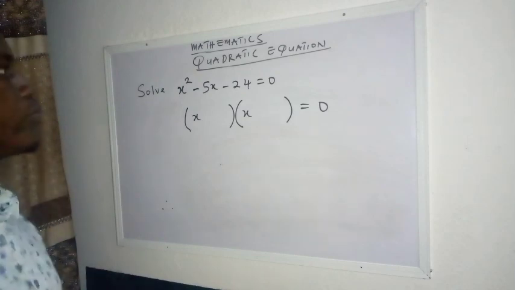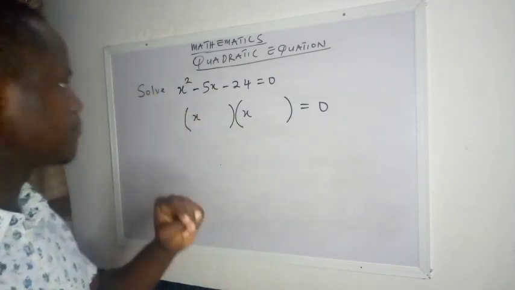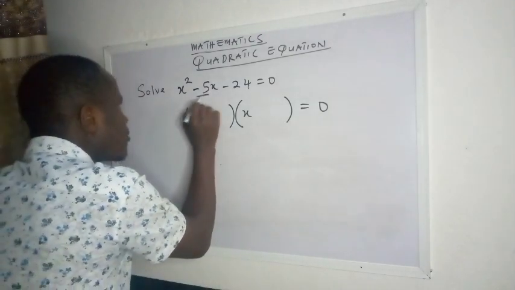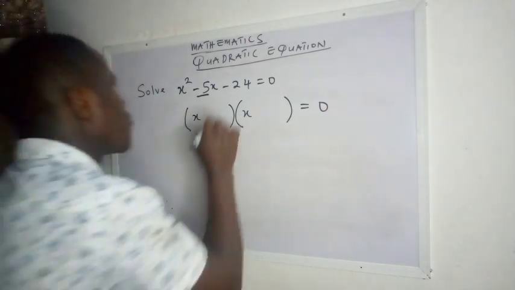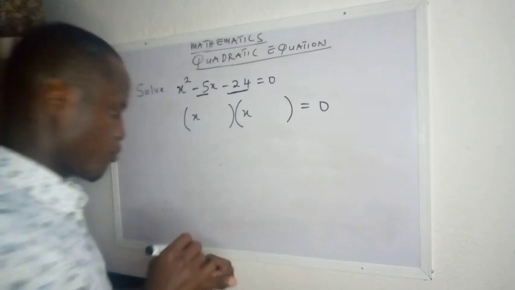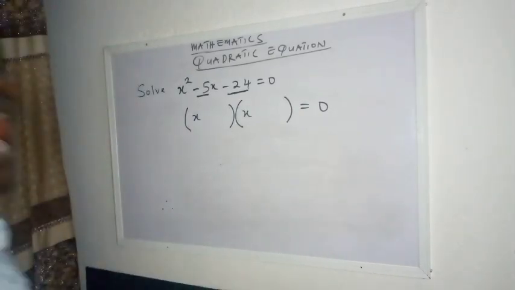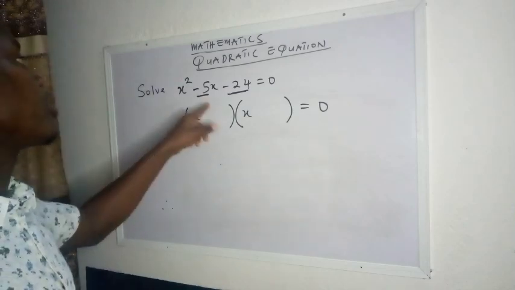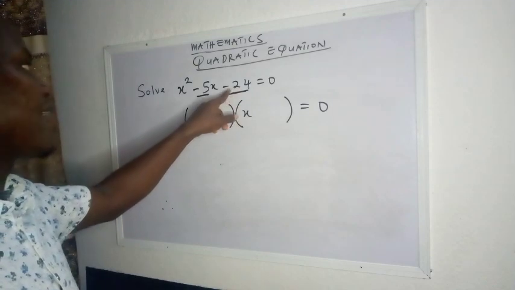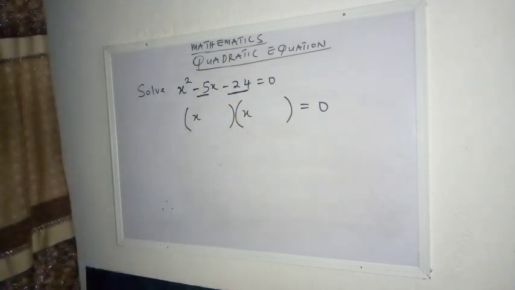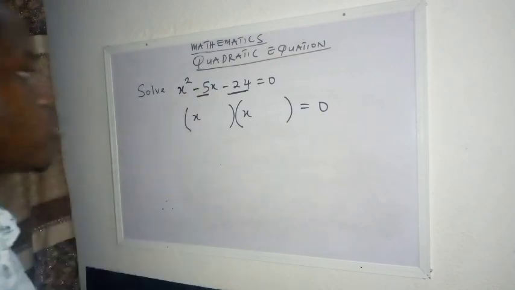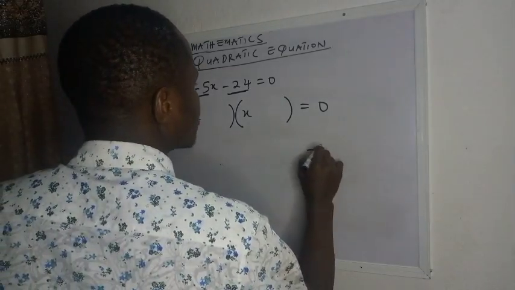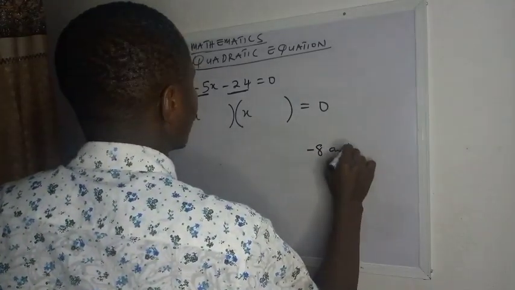Now we look for two numbers such that when we add them together we'll get minus 5, and when we multiply them we'll get minus 24. Now it's obvious that the two numbers that satisfy this condition are minus 8 and 3.